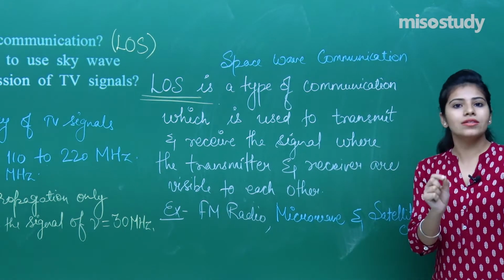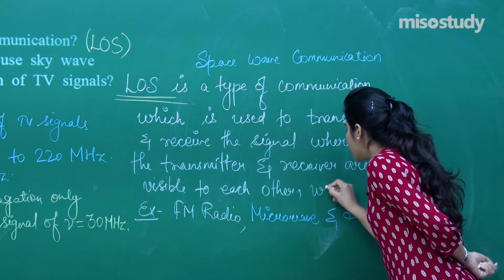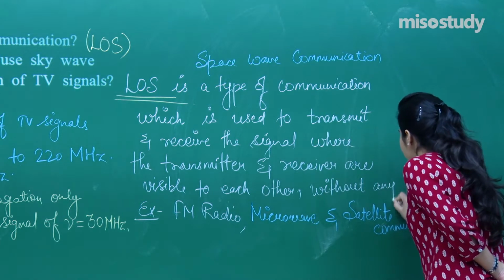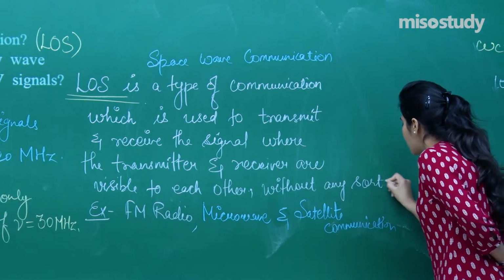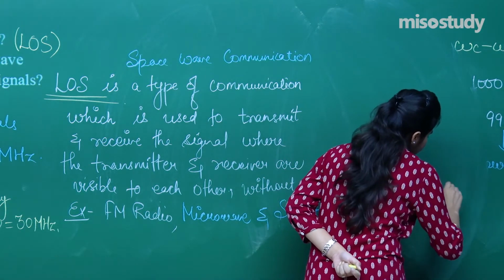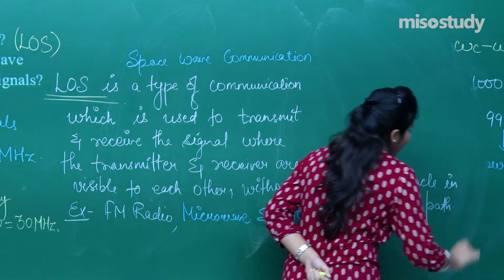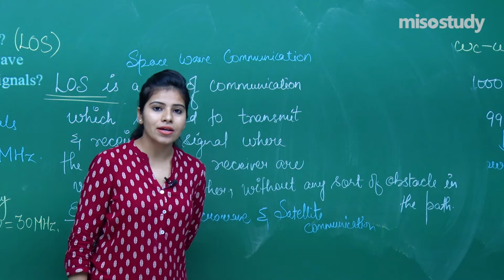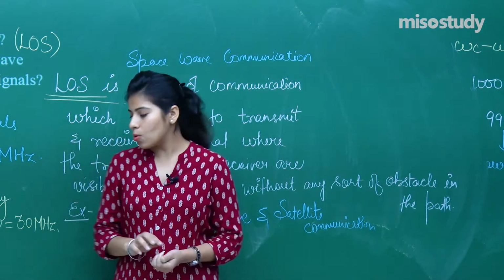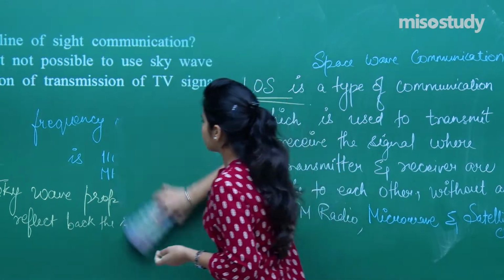But one more thing that you should add in your definition is that without any sort of obstacle in the path. This small line should be making the definition more important to you. So you can add this line. Now we will be moving to the next question, which will be the question number 7.